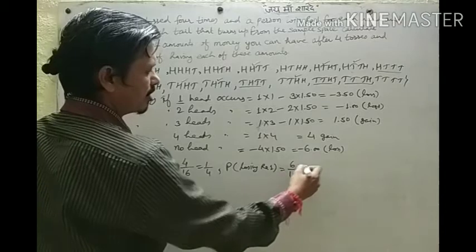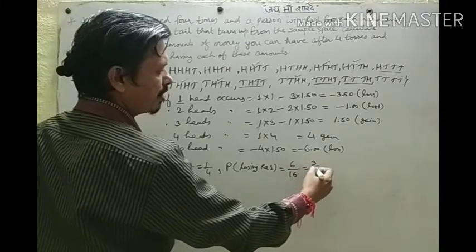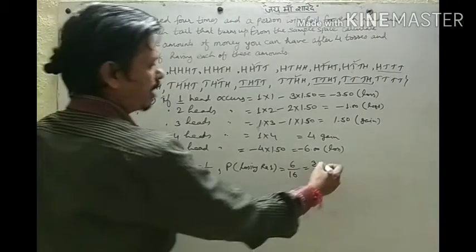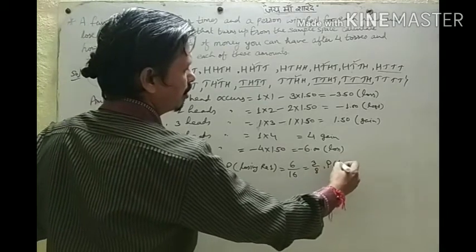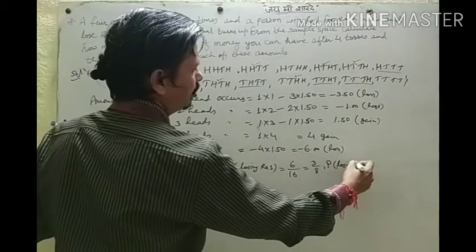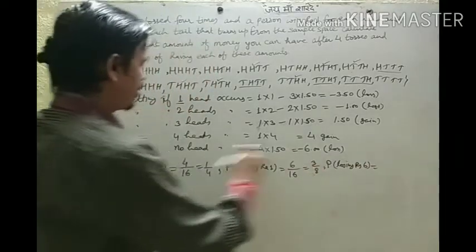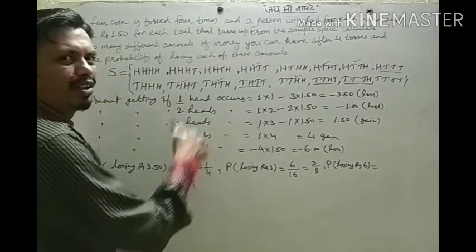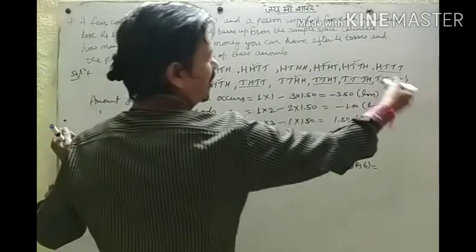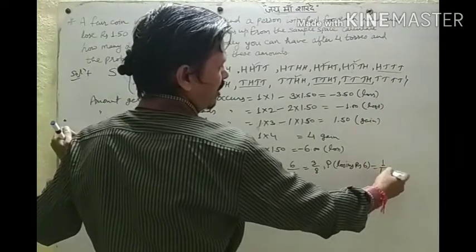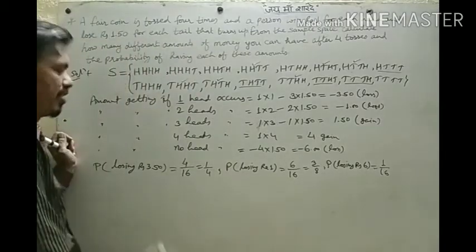So 6 by 16 or 3 by 8. Then the probability of losing 6 rupees. 6 rupees means no heads, all tails. All tails occurs only once, so 1 by 16 is the chance of losing 6 rupees.